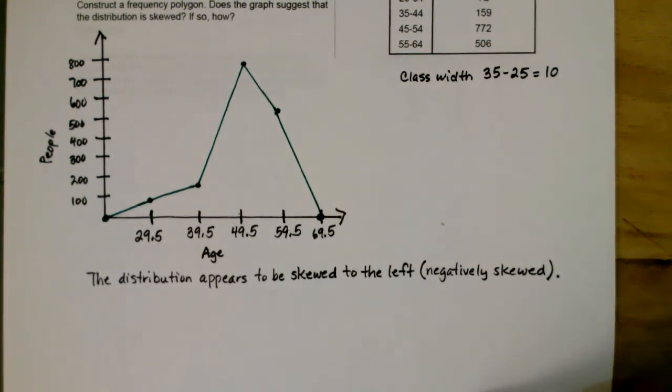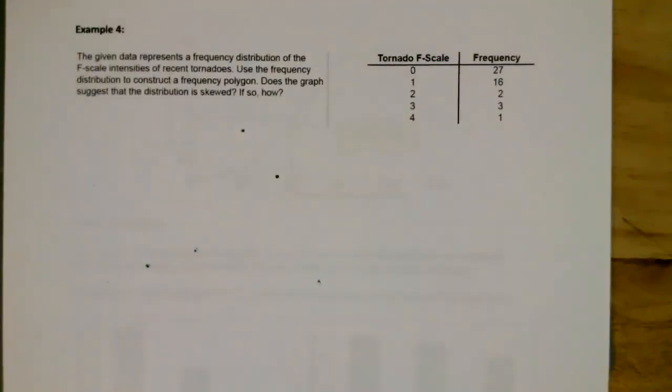All right, here's another example of a frequency polygon. You'll have to excuse these dots that I have here. I'll have to wipe those out.